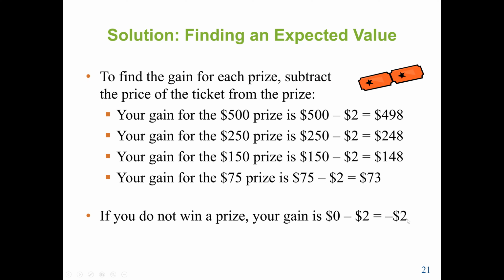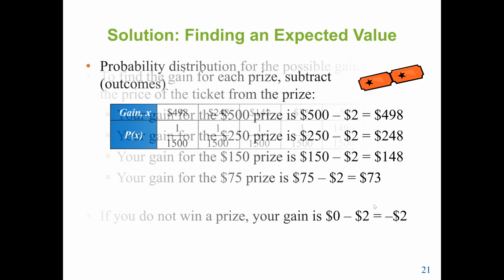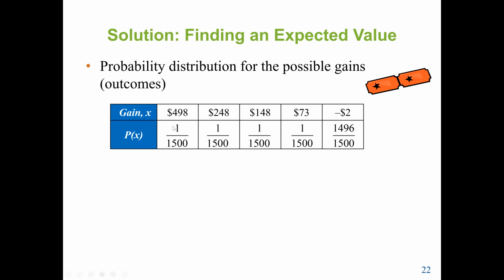Now the question said we should find the expected value of the gain. So this means we are going to come up with the probabilities. As we said, the total tickets sold was 1,500. Only one can get the highest prize, and the gain was 498. So the probability there will be 1 over 1,500. Second, the same thing, one prize, so 1 over 1,500.